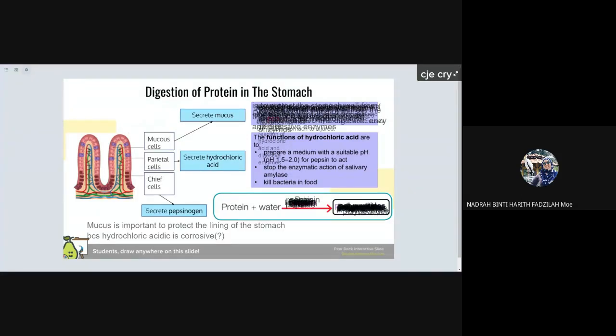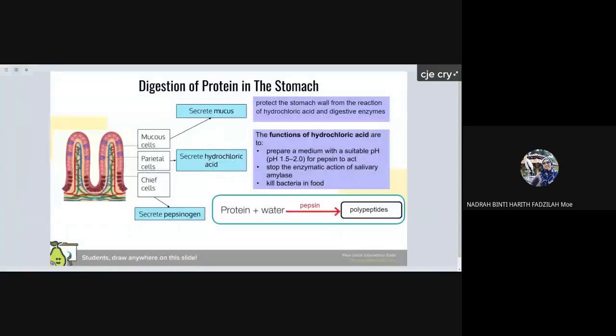Kenapa dia activated? Sebab pepsinogen when exposed to hydrochloric acid, it will become activated to become pepsin. So bila dah jadi pepsin, barulah protein can be digested to form polypeptide. Okay. So ingat ya, dia punya label dekat atas tu pepsin.